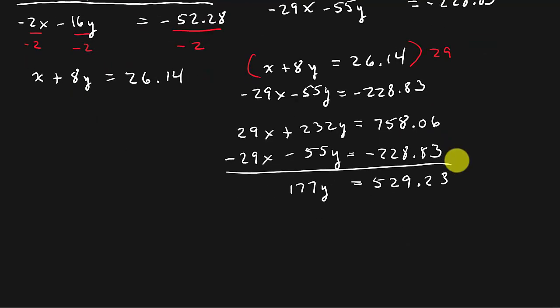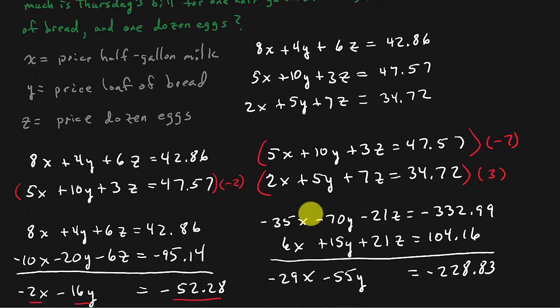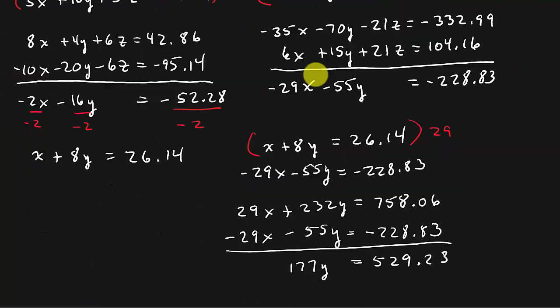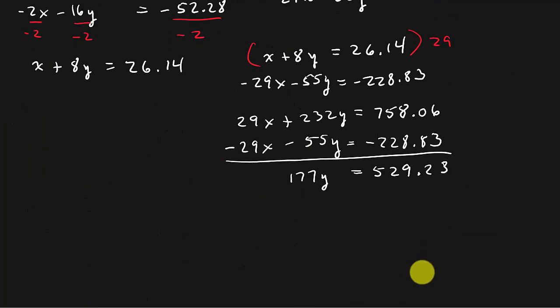529.23. And we're dealing with money, because remember, way back up here, that's the price. So we'll round everything to 2 decimals, divide everything by 177. So I get y equals 2.99. Okay, so that's y. Now I need to know what x is. So I can take this and plug it into there.